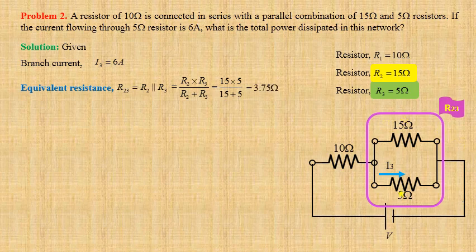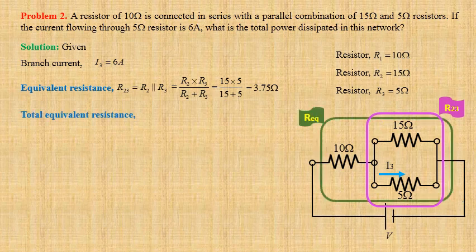Resistors R1 and R23 are connected in series. Therefore, total equivalent resistance of this circuit Req equals R1 plus R23. Using values we get 10 plus 3.75, that gives us 13.75 ohm.